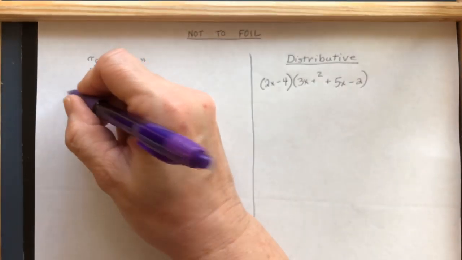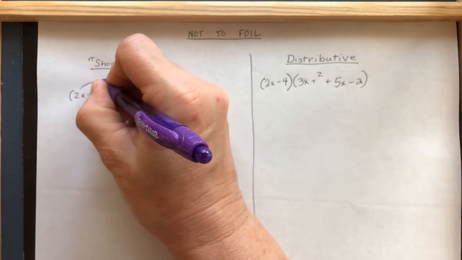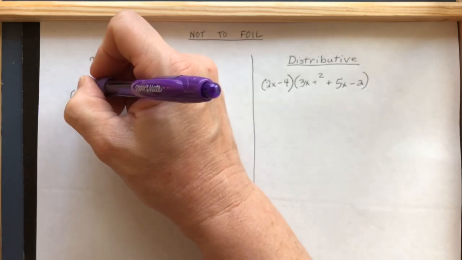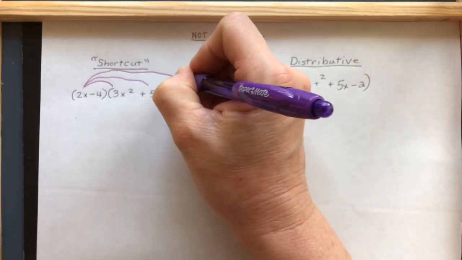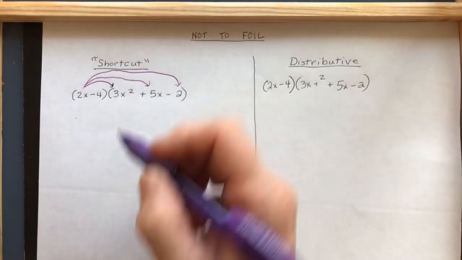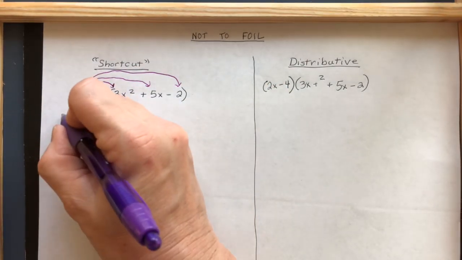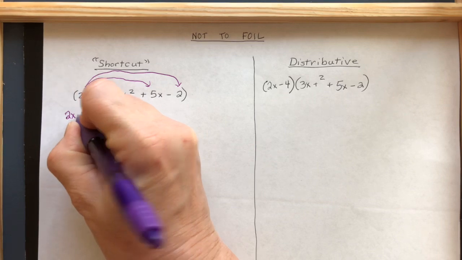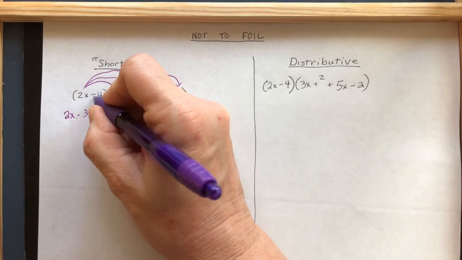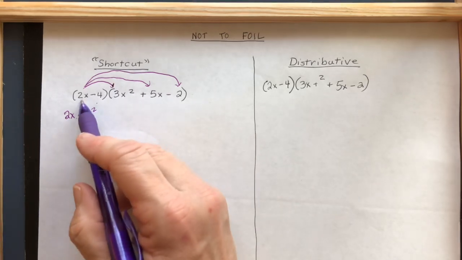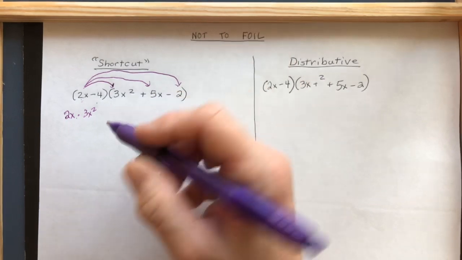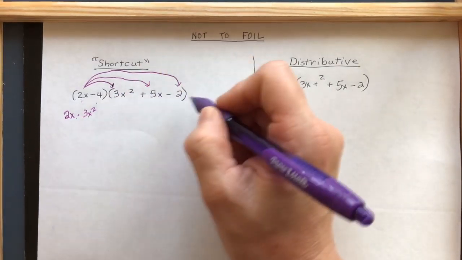Think about taking this first term and multiplying it by every term in the second polynomial. So what I'm going to do is multiply this 2x times 3x squared. Then I'm going to take that same term and multiply it by the second one in this second polynomial.